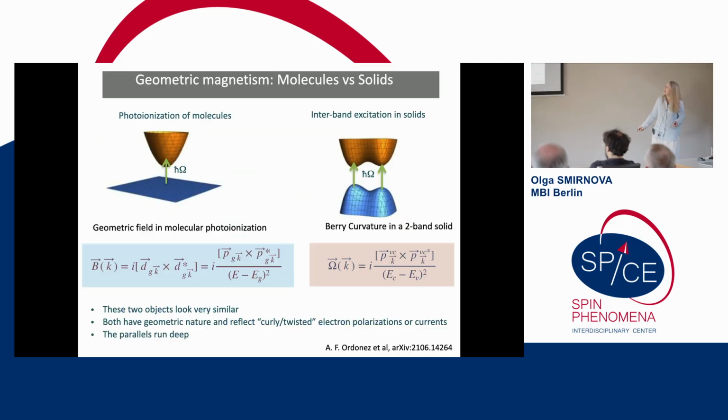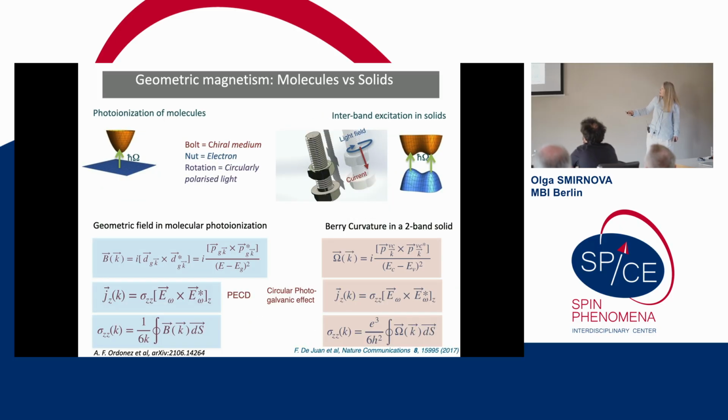Now I would like to connect a little bit to people who are doing materials, and point out the analogy between photoionization, in which we have a ground state which is independent of K and the parabolic band in the continuum, and interband excitations in solids. Here we have a valence band and a conduction band, and if we send our circularly polarized photon, we will discover that the same thing happens in both cases.